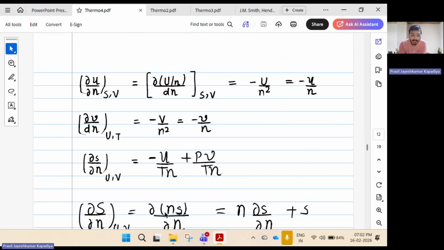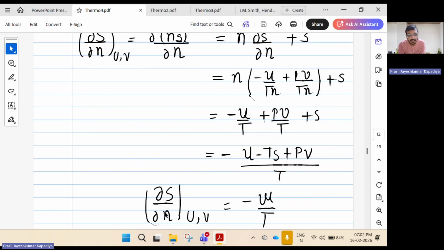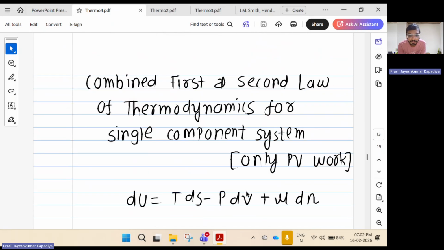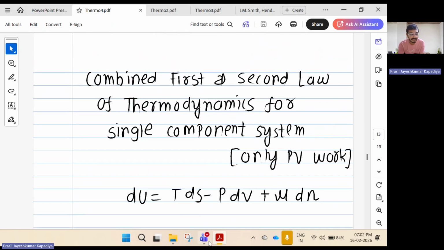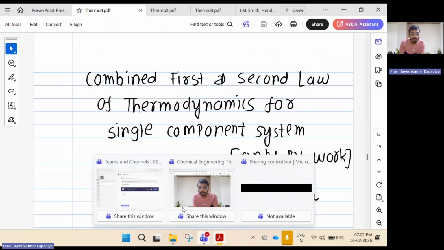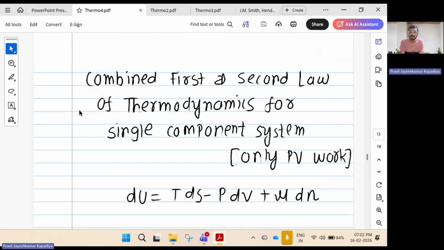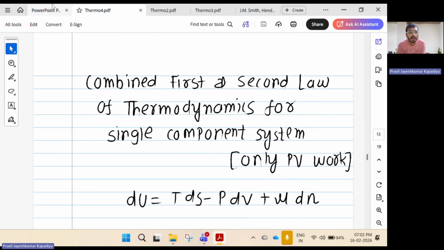Then we derived in another way that del s del n at U, V is minus mu by T. It is very important to remember that this whole discussion is only for PV kind of work. For any other kind of work, we need to add more terms. So this is all we had looked at.